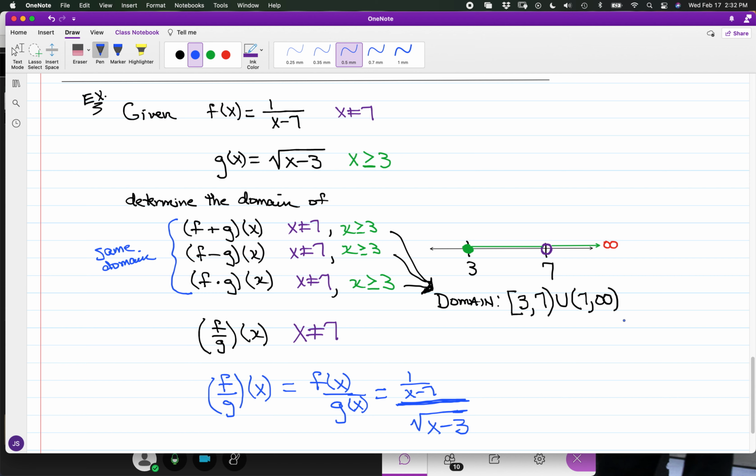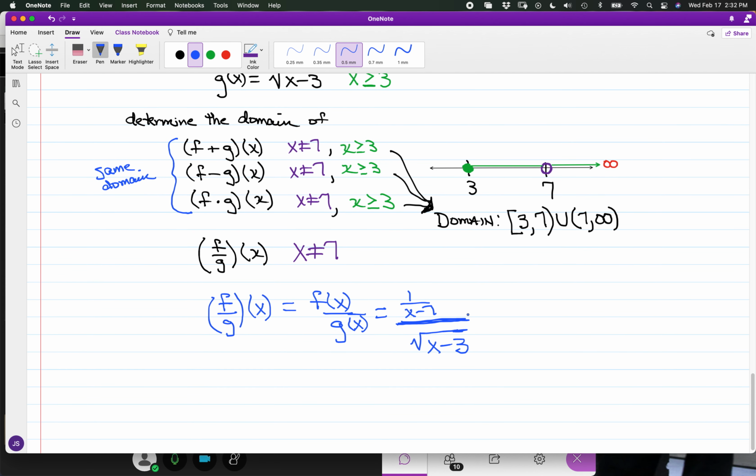If we simplify, you have 1 over x minus 7 times 1 over the square root of x minus 3.